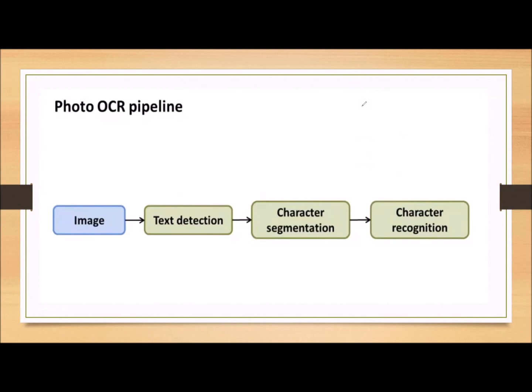And also, whenever we are designing autonomous cars or any autonomous vehicle, if that vehicle has to read signboards, then by implementing photo OCR, a particular autonomous car can read whether we have to take a right turn or a left turn. This is how we use photo OCR in practical problems. We will discuss more about this in the next class.